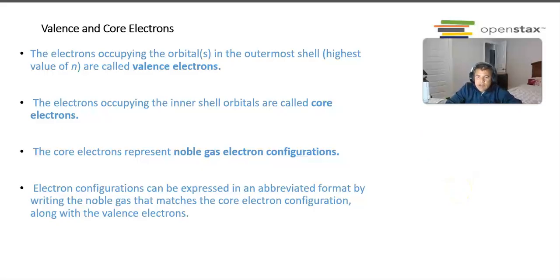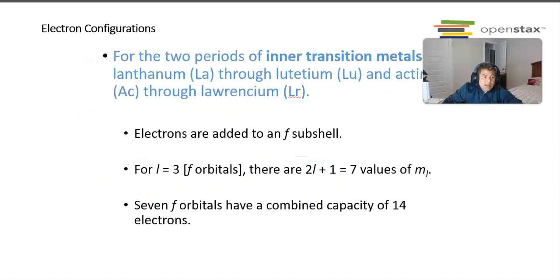Okay, so for example, carbon has 6 electrons, right? So it has 1s2, 2s2, 2p2. But what are the noble gases?